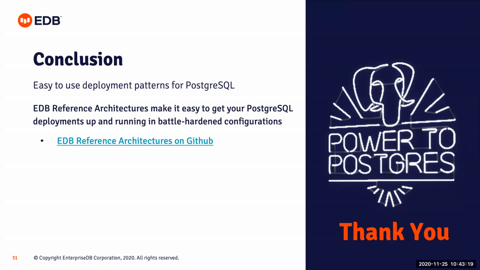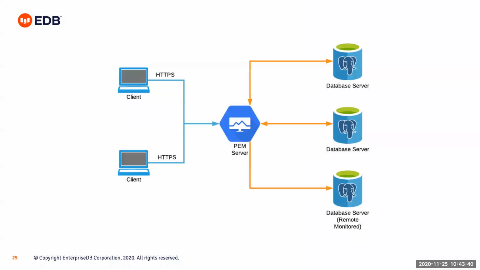Okay, thank you very much for that. We have another question. Yes. So PEM and BART, how to avoid being a single point of failure in your design? Yes. In this case, where we're showing PEM, here.